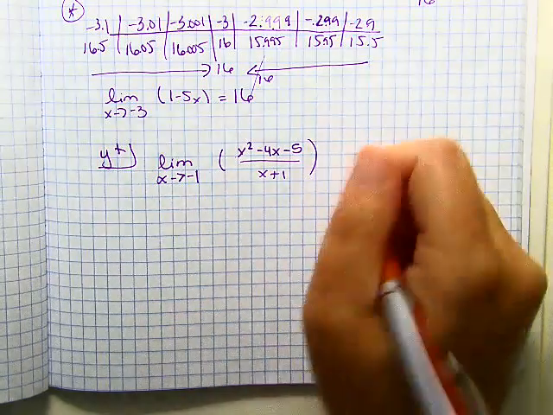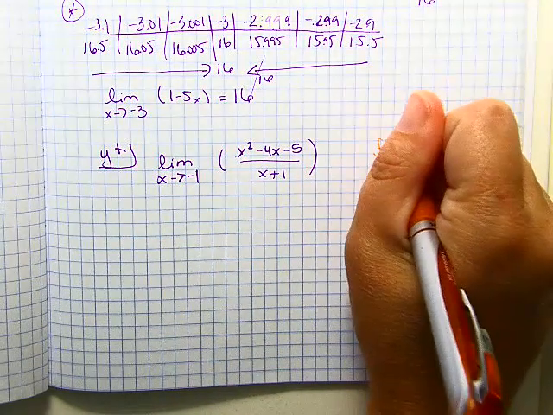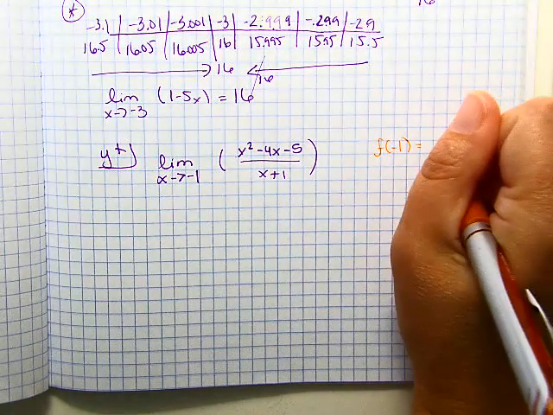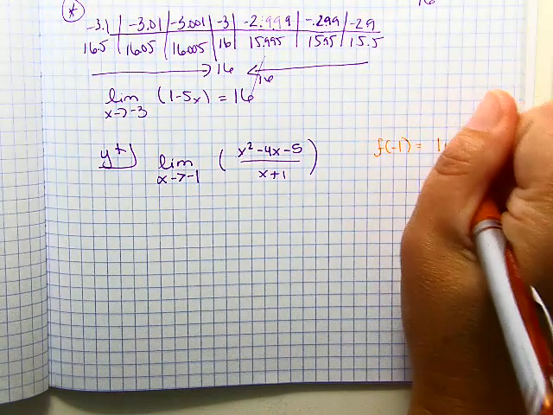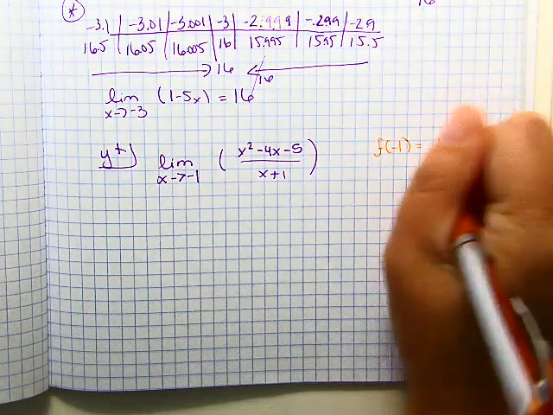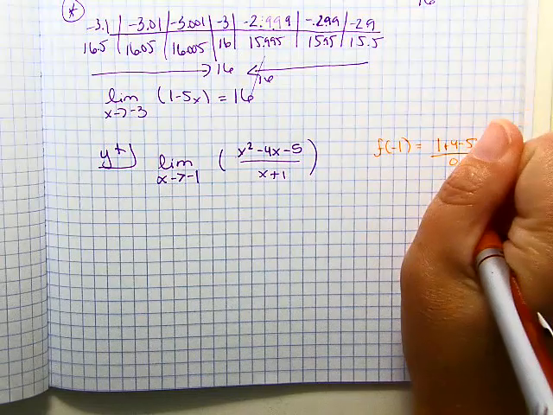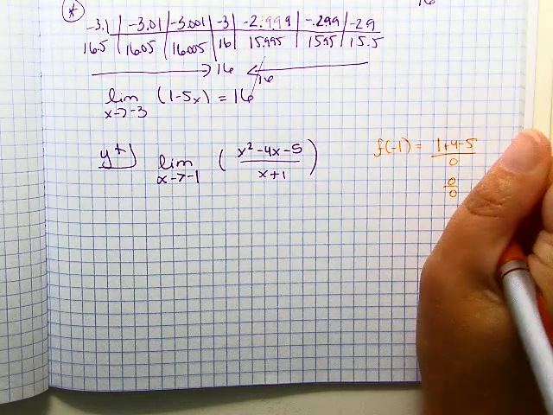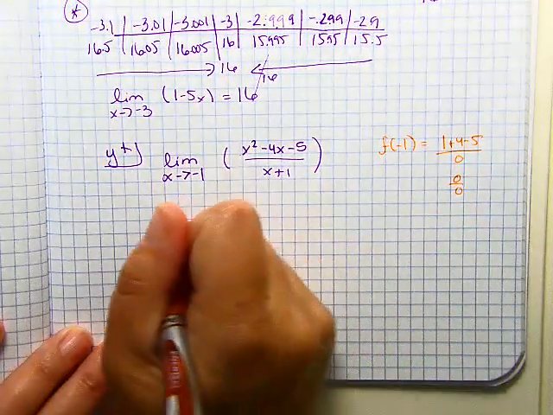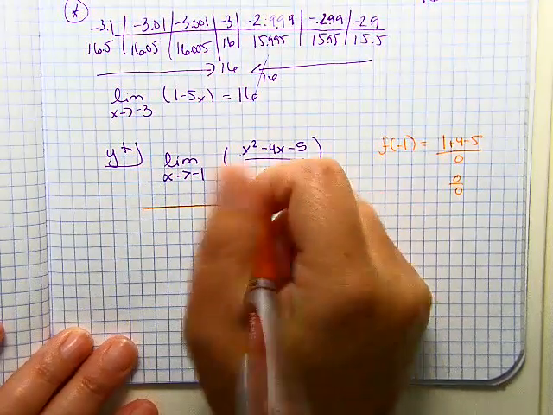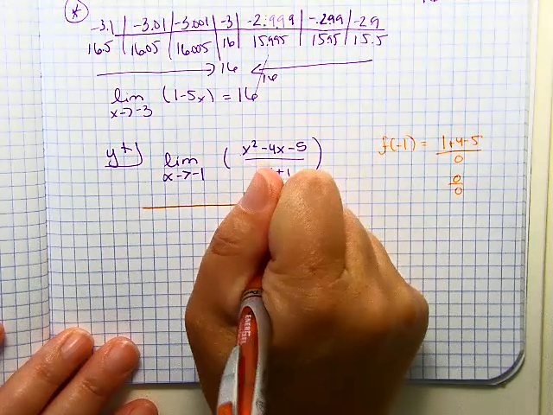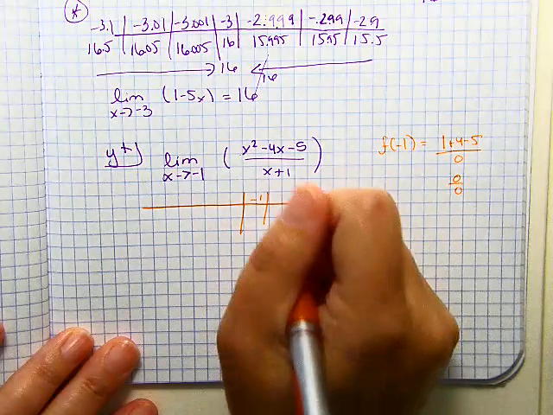All right, well, hopefully you guys rock this. When we do f of negative 1, we get 1 plus 4 minus 5 over 0, so 0 over 0, so it's undefined there. I'll plug negative 1 in the middle.